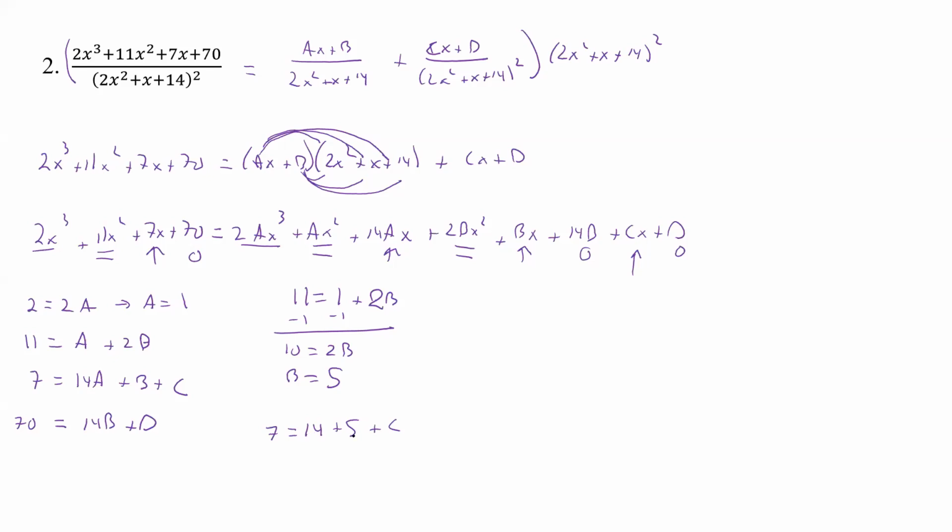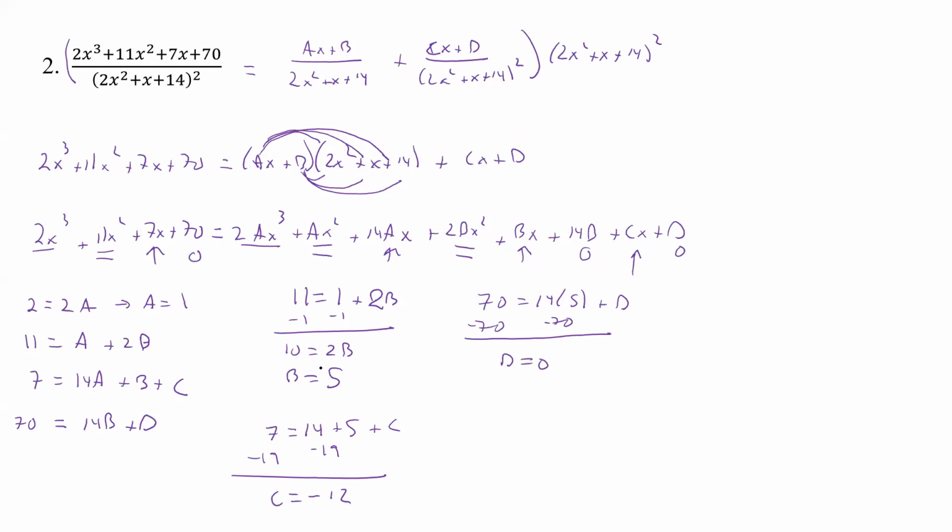So 14 plus 5 is 19, so we subtract 19. So c then is minus 12. And here we had b as 5, so we can say 70 = 14 times 5 plus d. That's 70, so if we subtract 70 from both sides, d = 0.